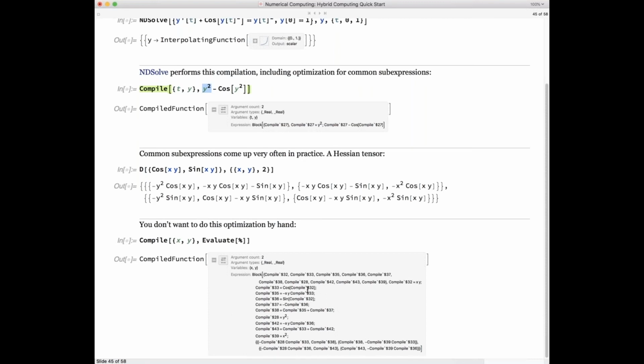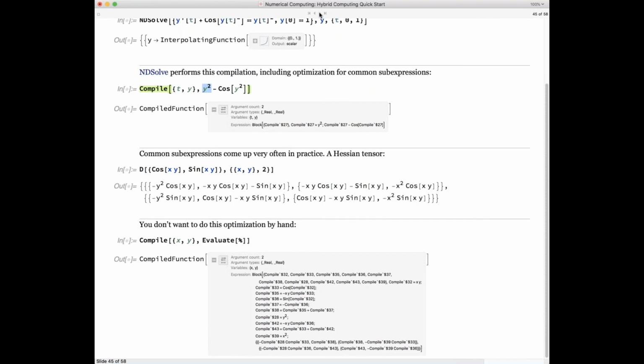There are many temporary variables defined. And you wouldn't want to have to perform this kind of optimization manually, because Wolfram Language is able to do it for you, because it has access to the symbolic structure of your input function.